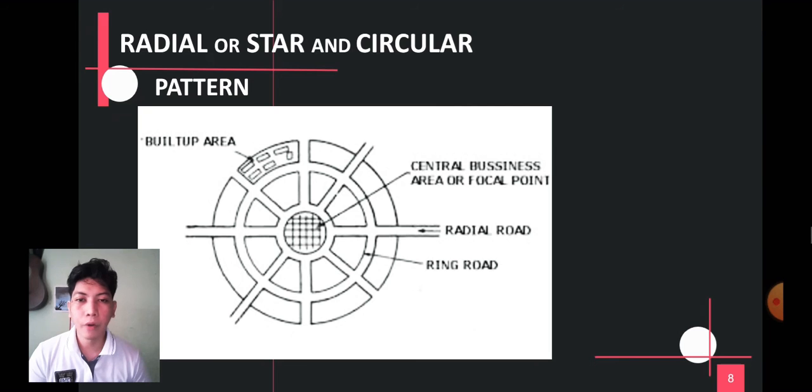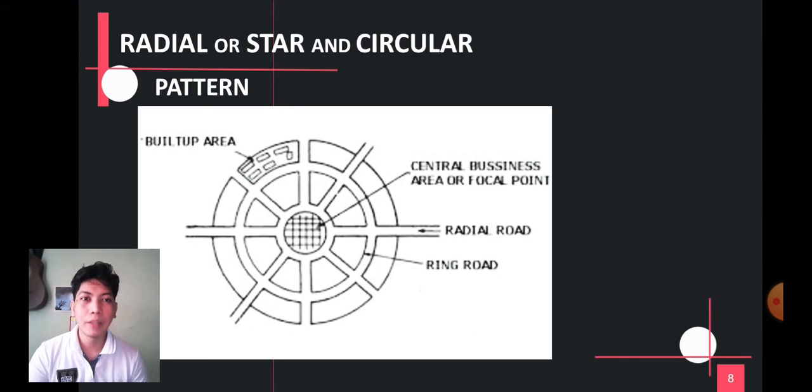This type of road pattern, the main roads radiate from the central point and are connected together with a concentric road that is also radiating outwardly. So as you can see, there are lots of circles.